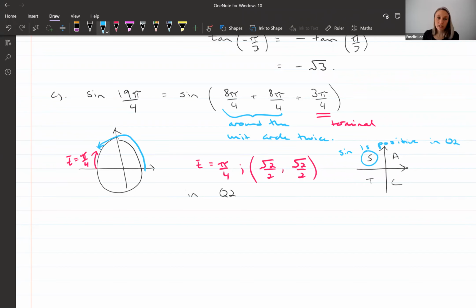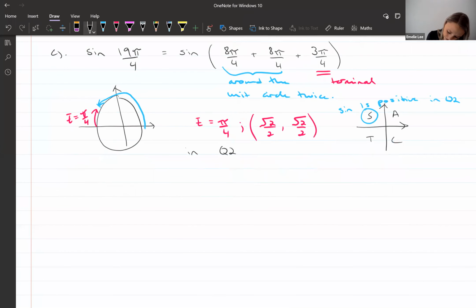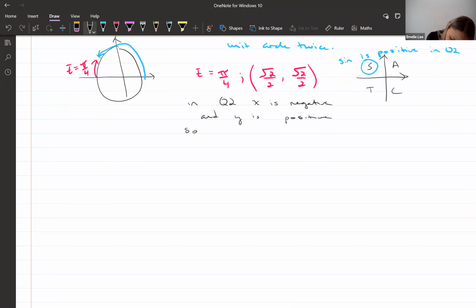Or if you prefer to kind of kick it old school, then I know that in Q2, my x is negative and my y is positive. So in Q2, x is negative and y is positive. So we have the terminal point at negative root 2 over 2, root 2 over 2. Okay.